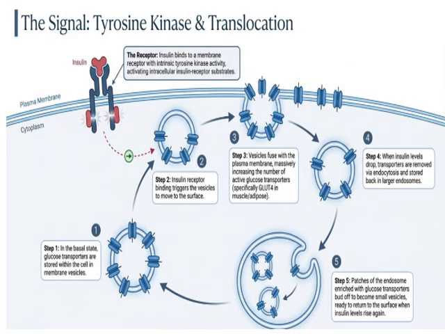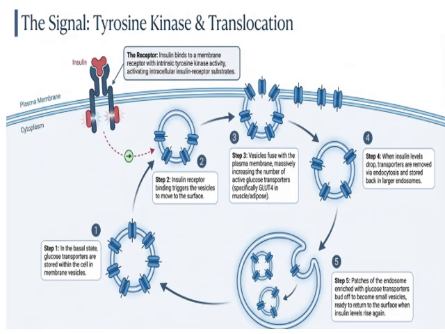Now you can see the tyrosine kinase and translocation. Once the insulin reaches its target tissue, it must knock on the door, and it binds to the alpha subunits of its receptor on the cell surface and activates the tyrosine kinase activity of the internal beta subunit.